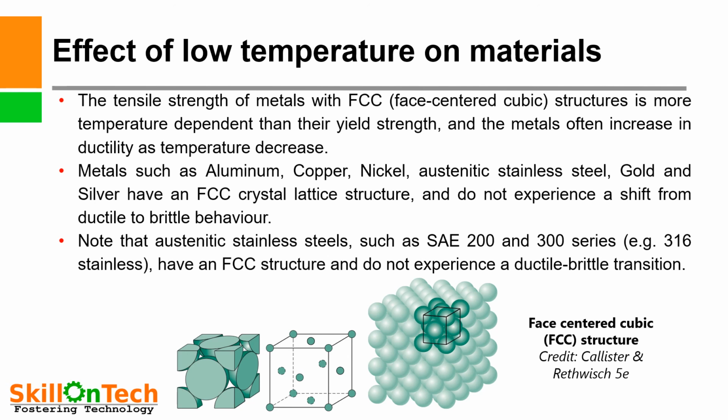Note that austenitic stainless steels such as the SA 200 and 300 series, SS 316, SS 304 have an FCC structure and do not experience a ductile-brittle transition. So therefore these materials are very much suitable for low temperature services.